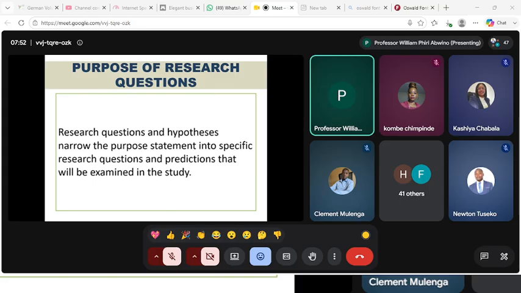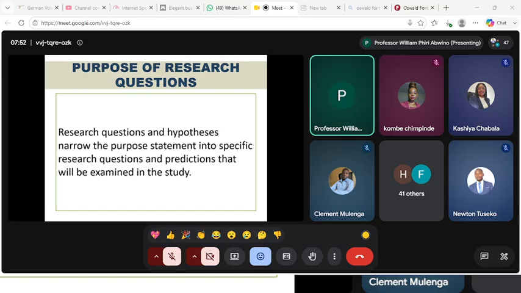I hope you have picked that. The research objectives, the research questions or the hypothesis unpack the research title.